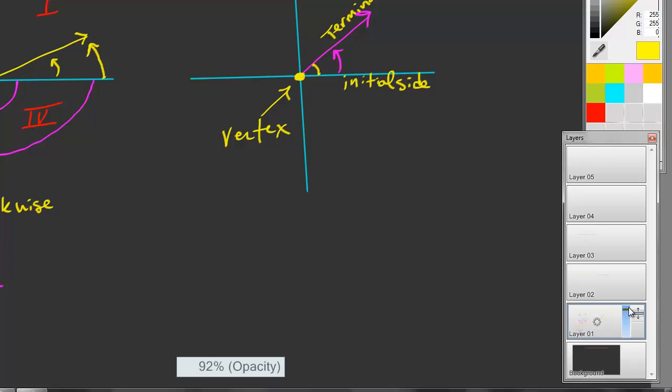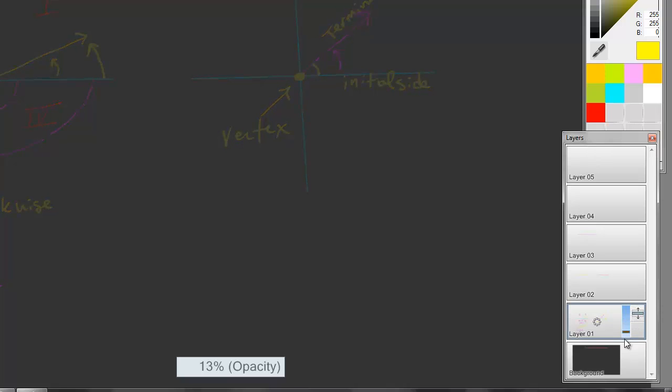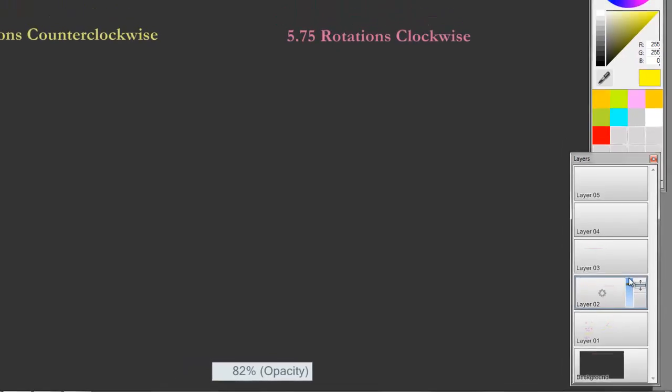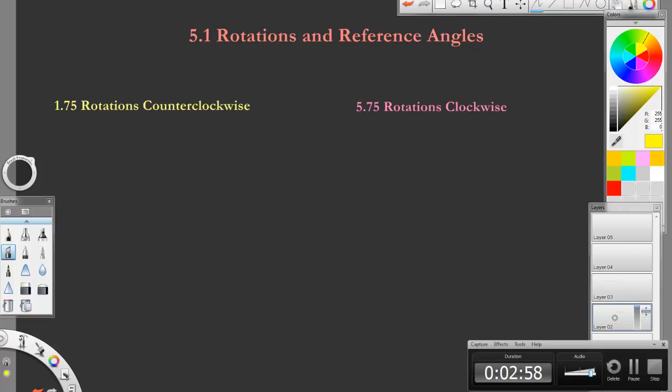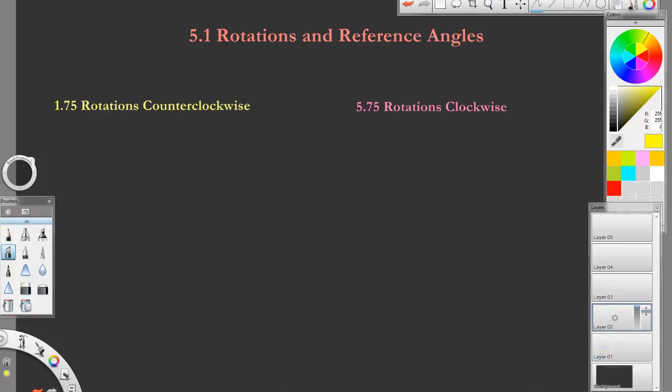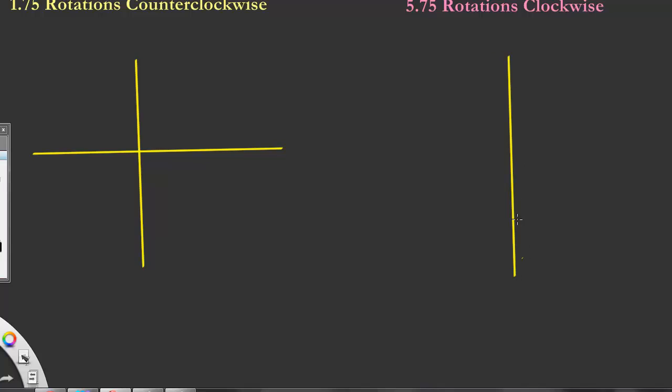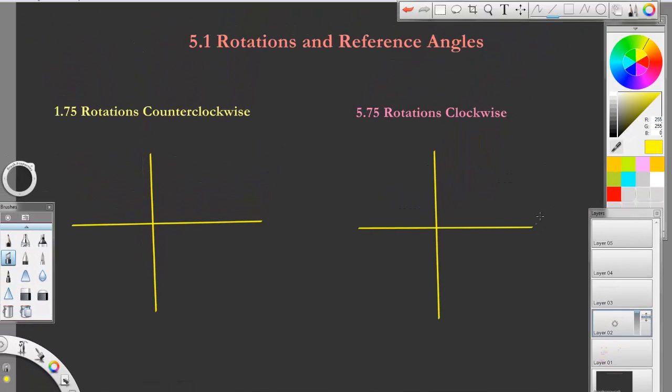All right, now let's do some problems. Let's say we wanted to know what 1.75 rotations counterclockwise was like. So what I'm going to do, I'll draw a little XY axis for both of these. Now I'm going to overkill my amount of work here for this demonstration, but it'll be good.